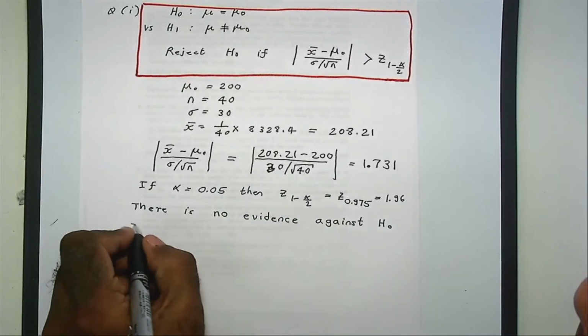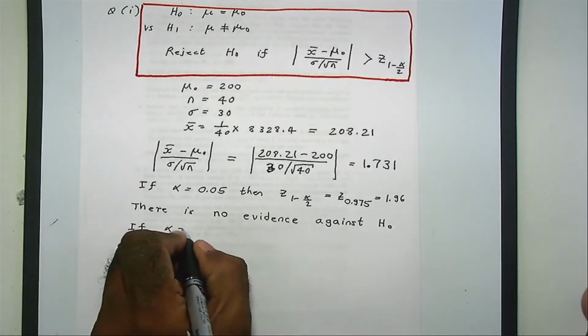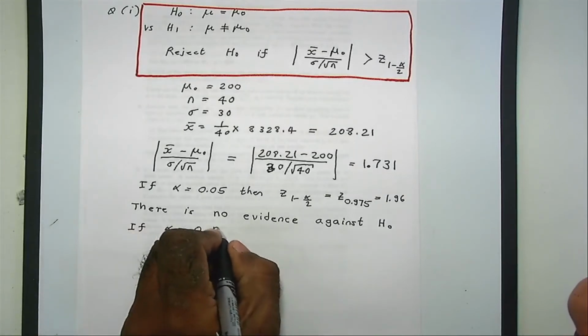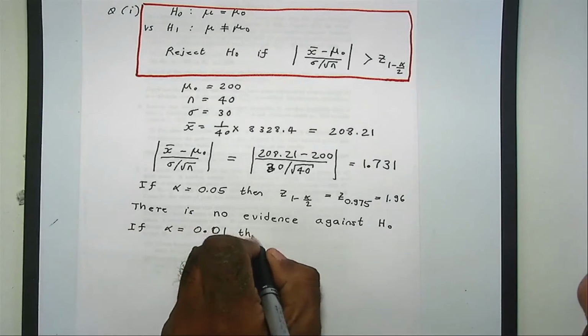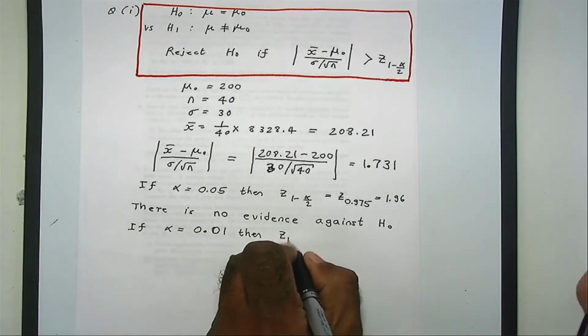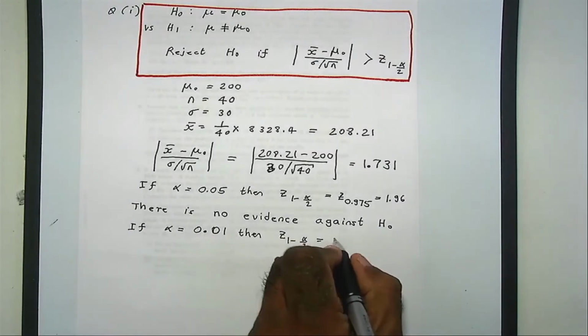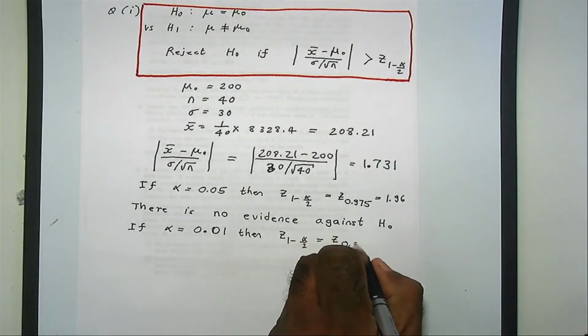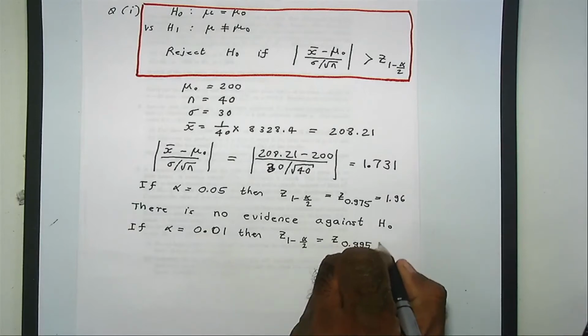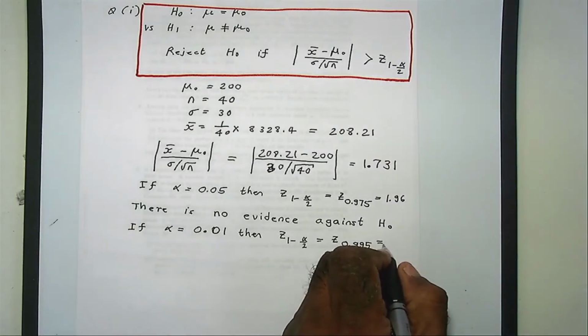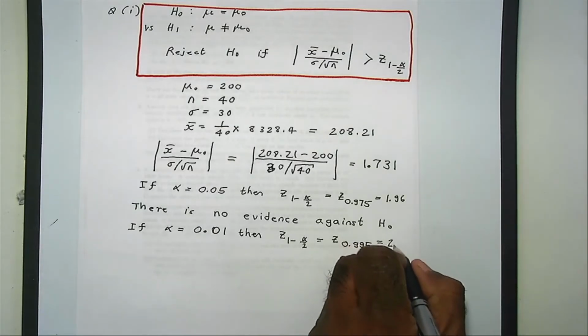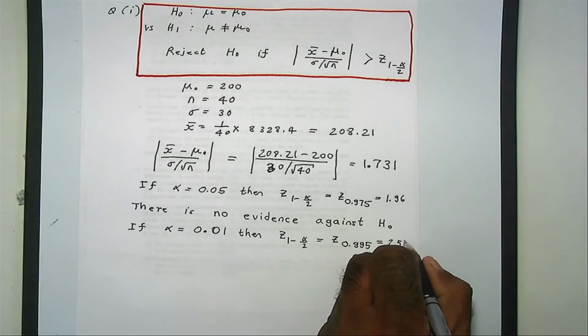Now let's try alpha is 0.01. If alpha is 0.01, then this will be z 0.995, which if you work it out, will be 2.576.